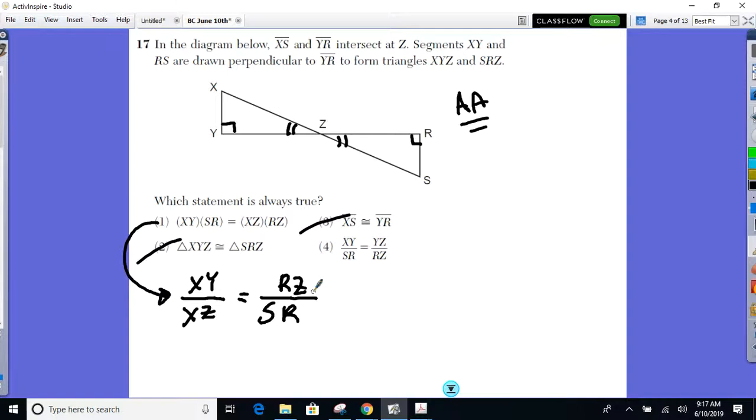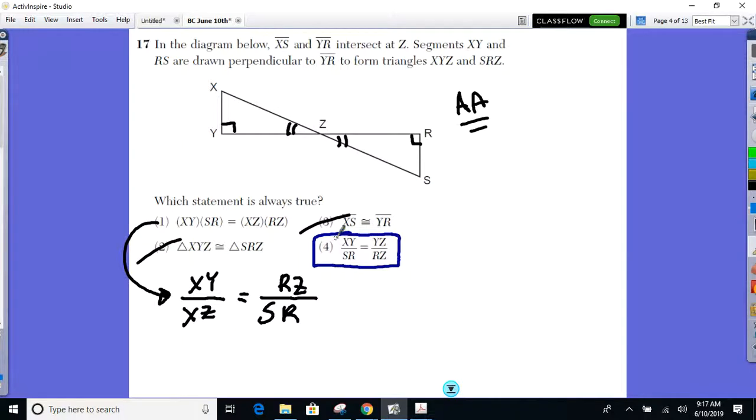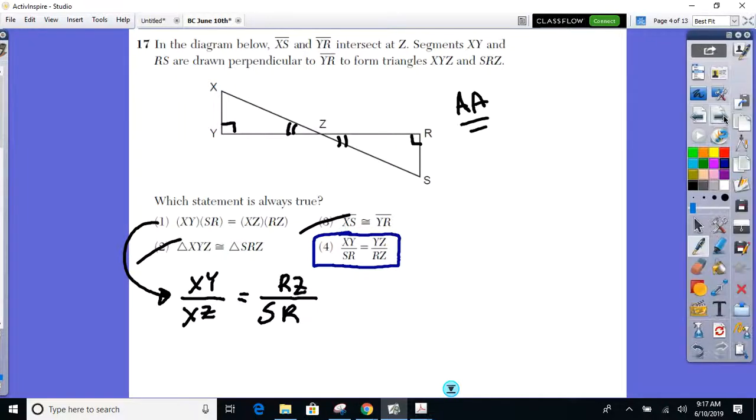Which one has the correct matchups? I'm going to leave this one up to you. Which one has the correct matchups here? Choice 4. XY does not match up with RZ here. Questions here? Oh, whoa. I didn't hear any bell. Let's go.